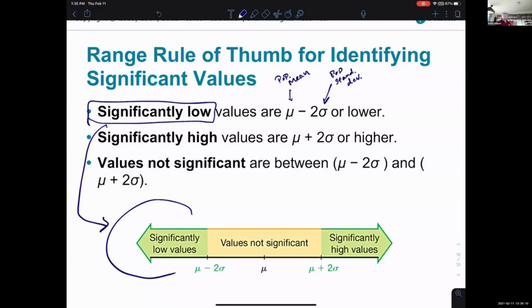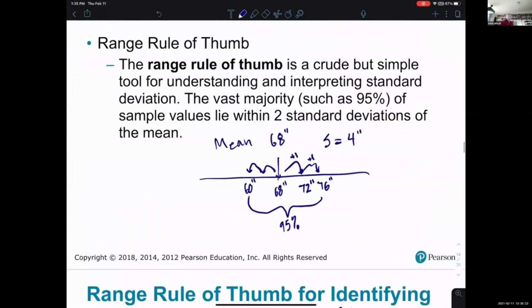There's the mean in the middle. And if we go below the mean up to 2 standard deviations down, then all of a sudden you're going into significantly low territory. So to apply that language in my sample up here, I would say that heights that I measured of students were significantly low if the students were 60 inches or shorter.